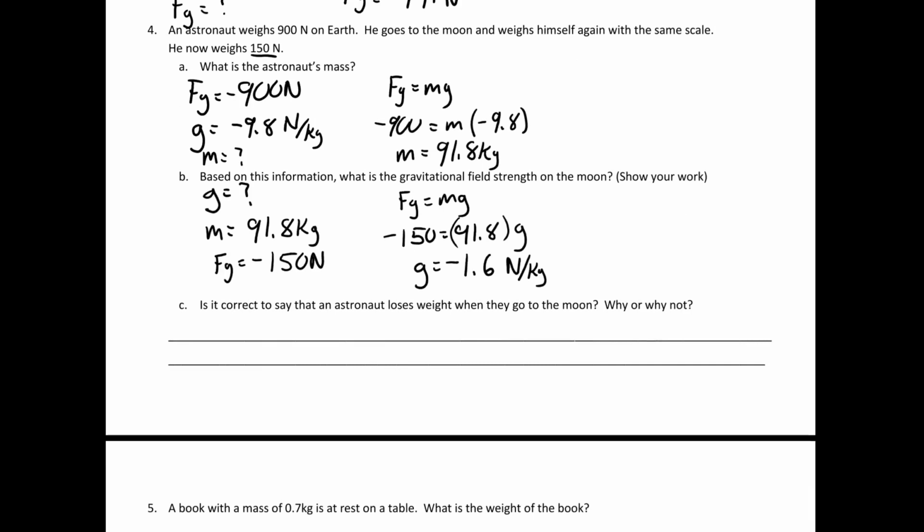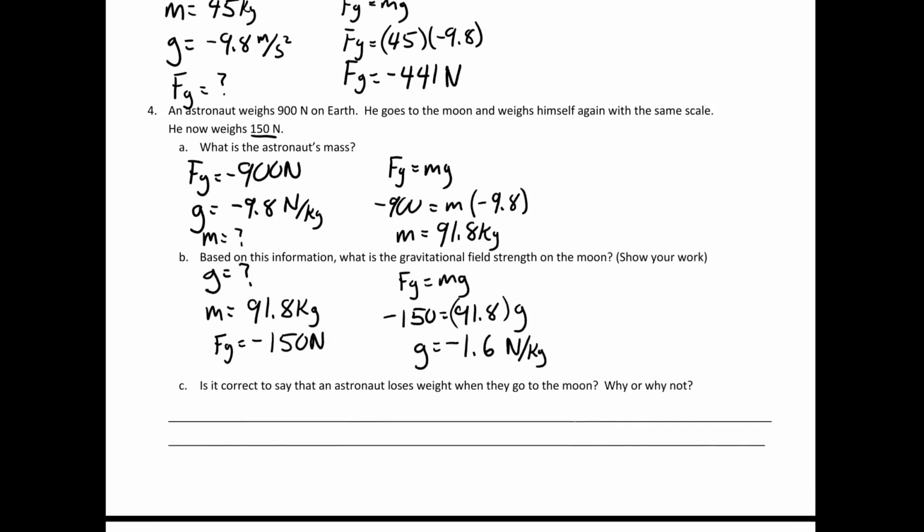All right, now C, kind of tricky. It says, is it correct to say that the astronaut loses weight when they go to the moon? Why or why not? Typically, well, we'll give the physics definition first. Yes, we could tell right away he loses weight. First, he weighs 900 newtons, then he weighs 150 newtons. So definitely, yes, from our perspective, he loses Fg.